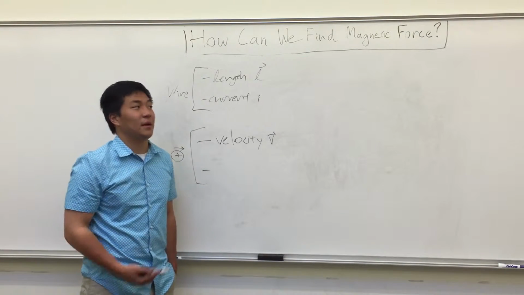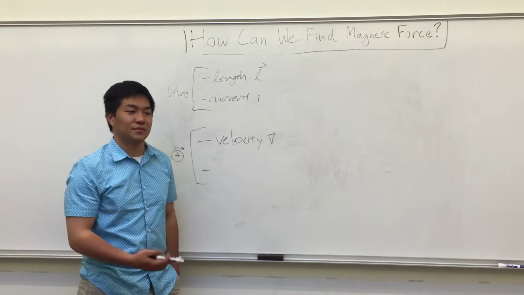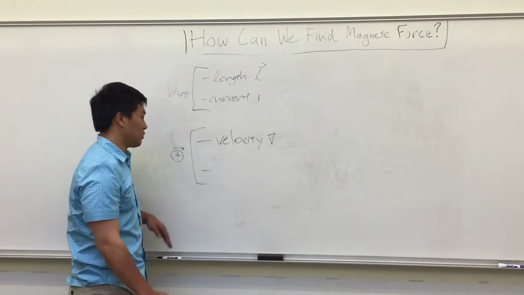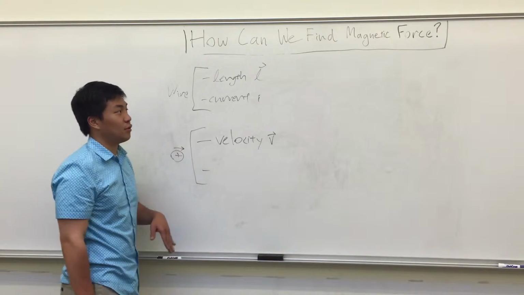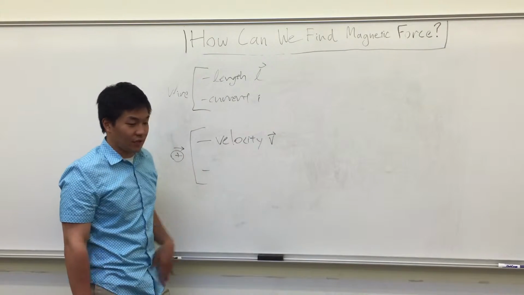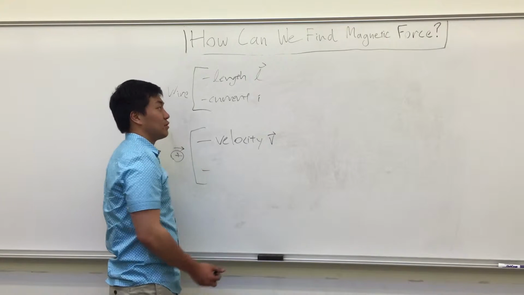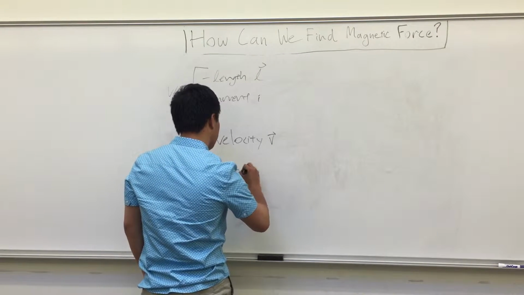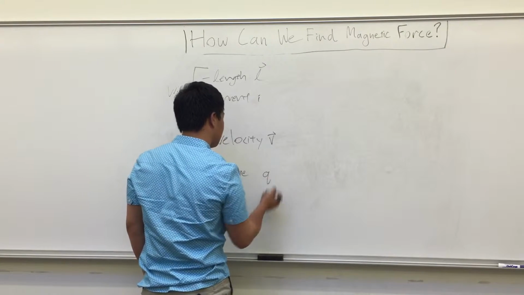We saw that magnetic force is actually a relativistic distortion of electrostatic force. And as a result, what would normally affect the electrostatic force on this particle will also affect the magnetic force on this particle as it begins moving with velocity. And as a result, we can deduce that charge must also play a factor here.